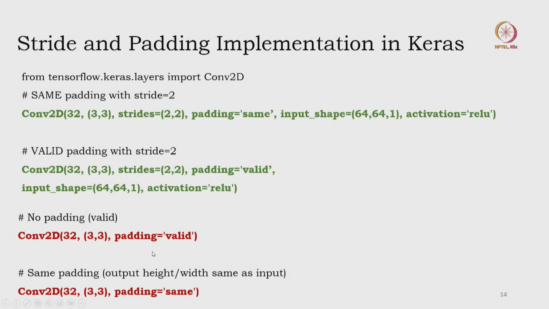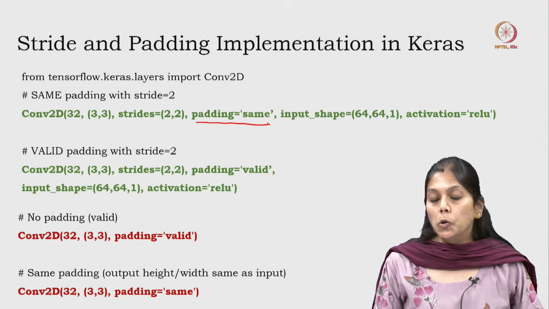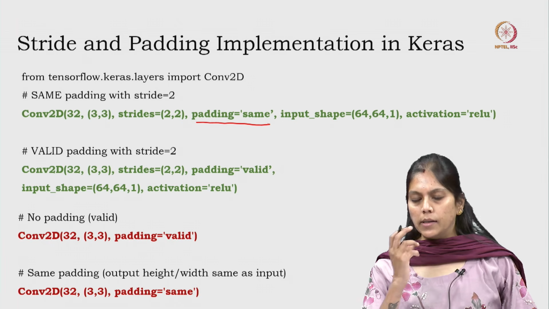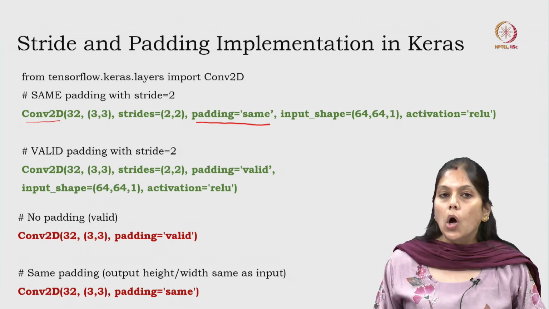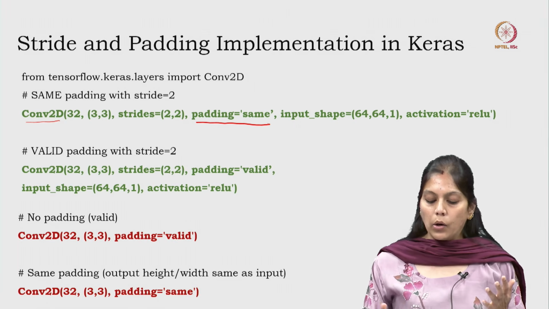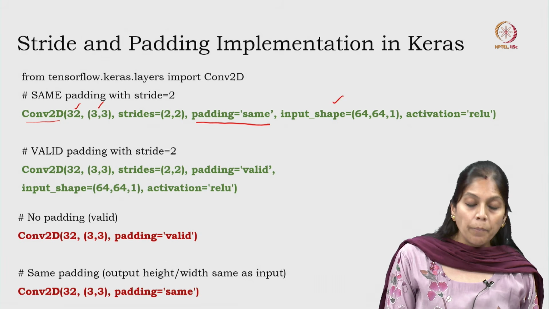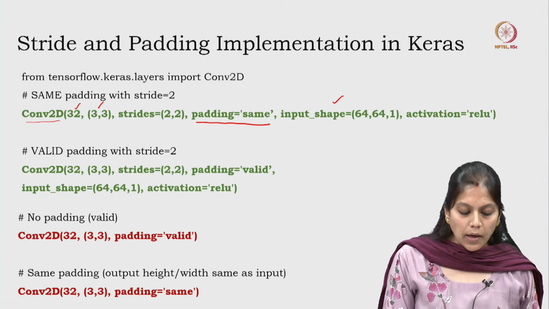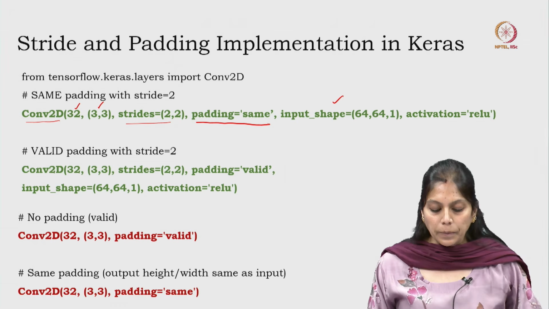Now if you want padding to be applied, you write padding equal to same. This is a parameter that you pass to a function called conv2d, because you are performing a convolution operation. We require an input image, the kernels, and the number of kernels. What should be the stride? Here the stride is 2 cross 2, which means you are striding 2 positions.